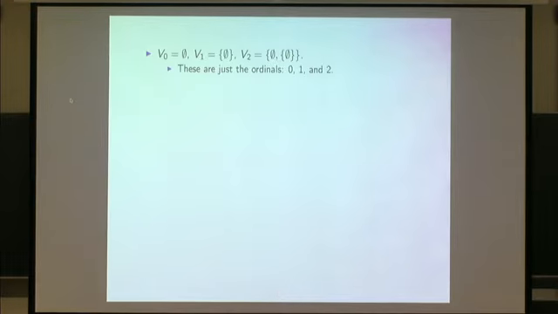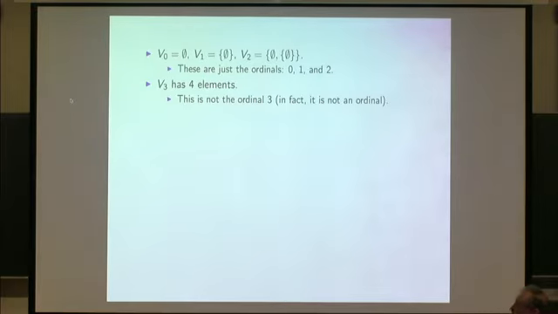All right, well, let's look at these V alphas. Well, V0 is the empty set. V1 has only one element, and that is the empty set. V2 has 2 elements, the empty set and the singleton set containing the empty set. These are just the ordinals 0, 1, and 2, by how I define the ordinals. V3 has 4 elements.